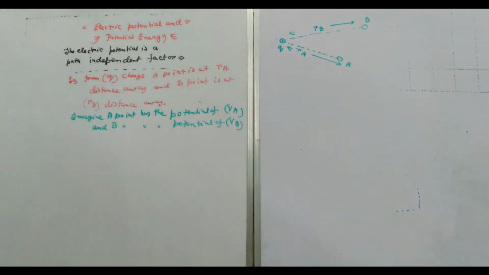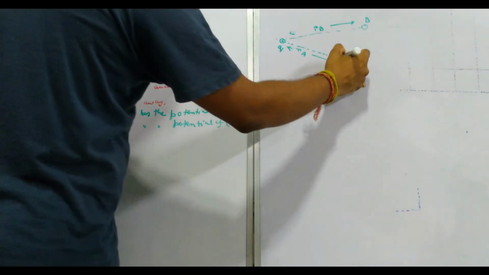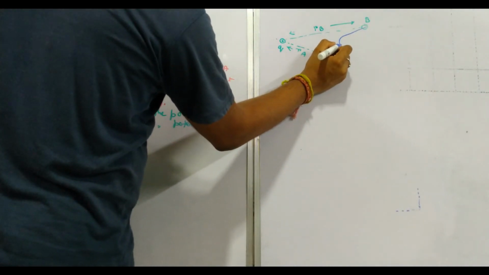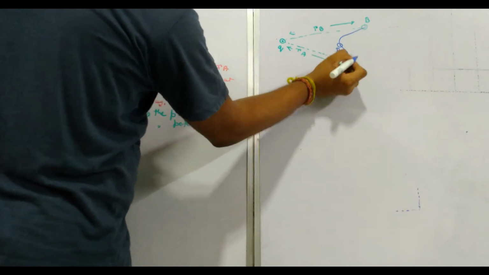So if we try to move a point charge from A to B, then we may follow any pathway that is possible. Imagine that we are following this pathway, where a certain point P is placed over here.